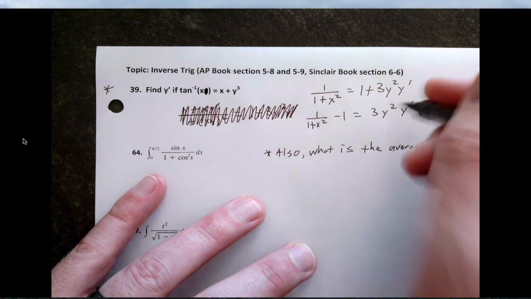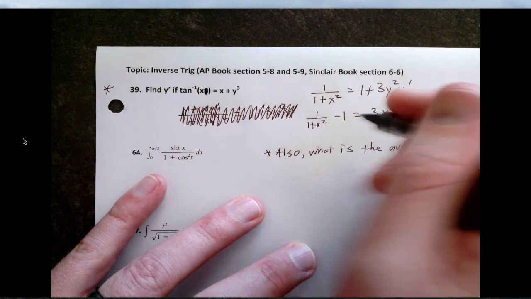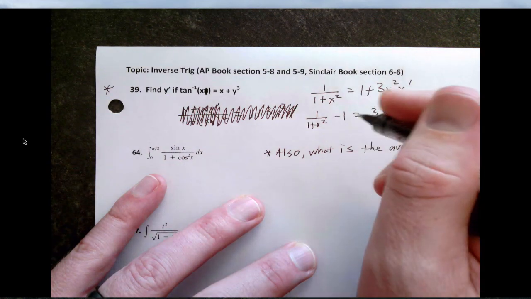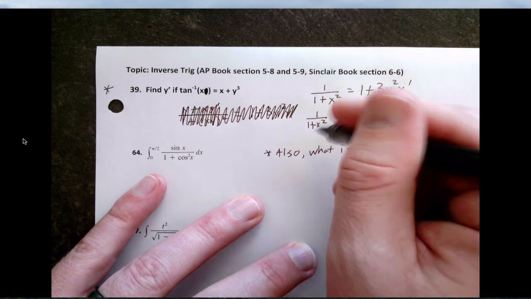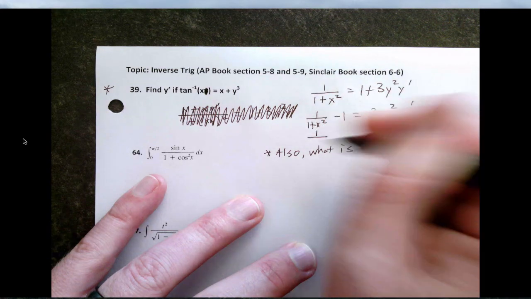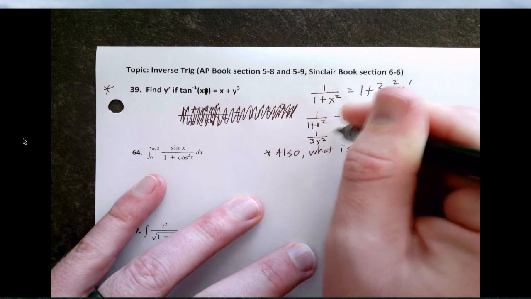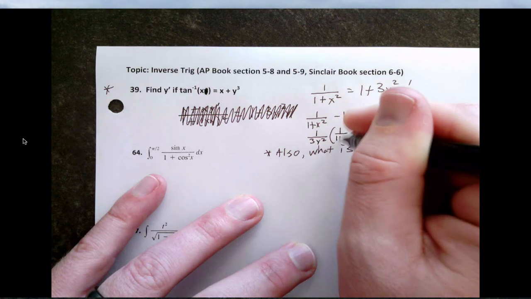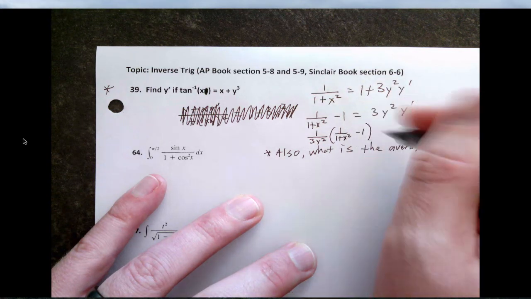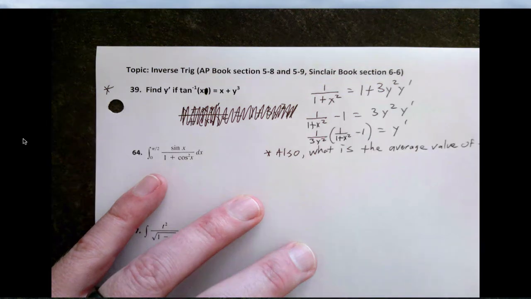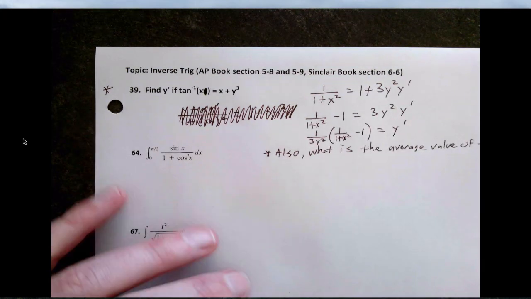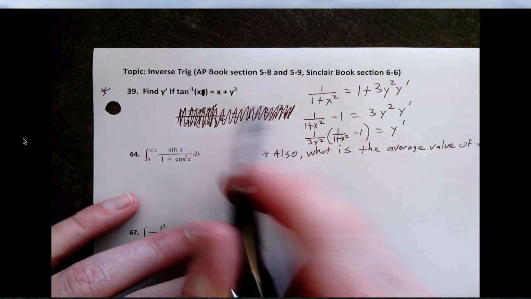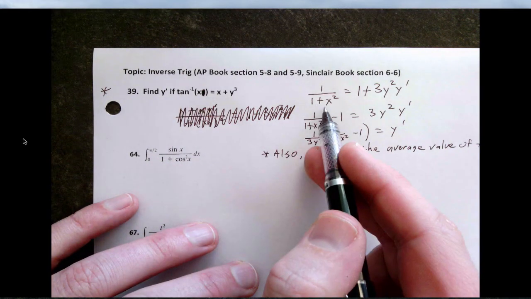There are a couple ways I could do that, but probably the easiest is this way right here: 1 over 3y squared times 1 over 1 plus x squared minus 1 equals y prime. Okay, so it's not pretty, but there are a lot of ways you could do that. That's one.